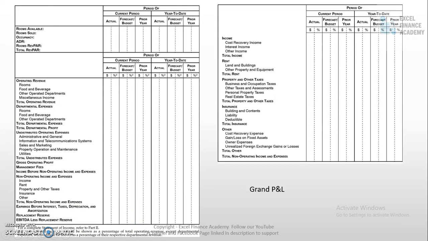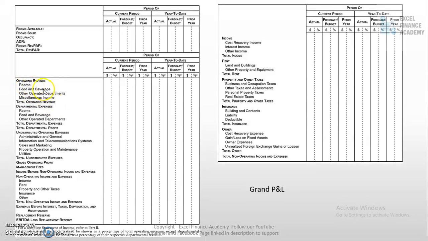So here is the standard format of the Grand P&L, which is divided into two parts: statistics and then the operating department. This template describes a summary of all the hotel operations, operational metrics, plus the revenue and expenses performance for each department separately.